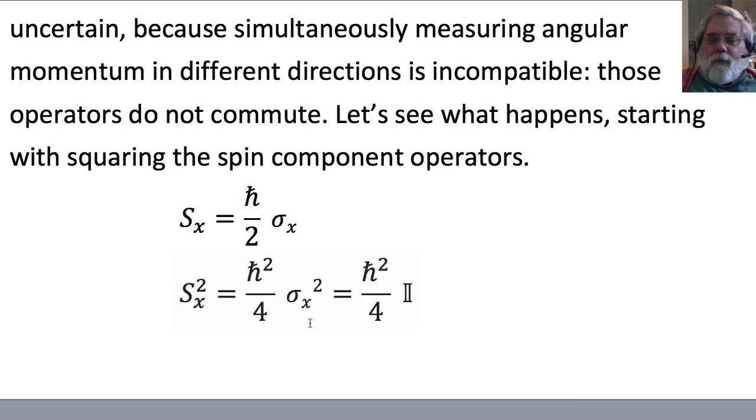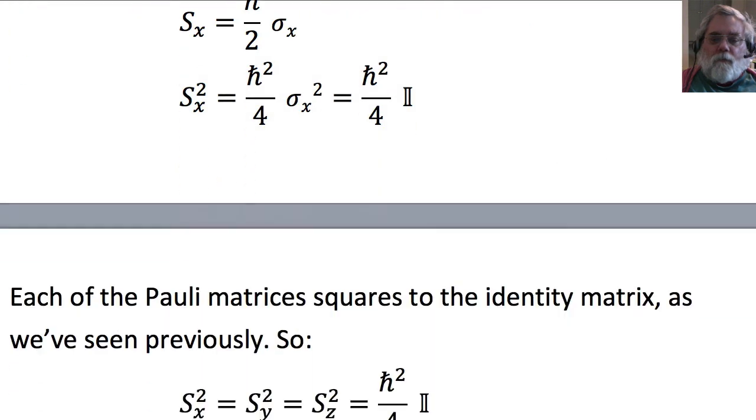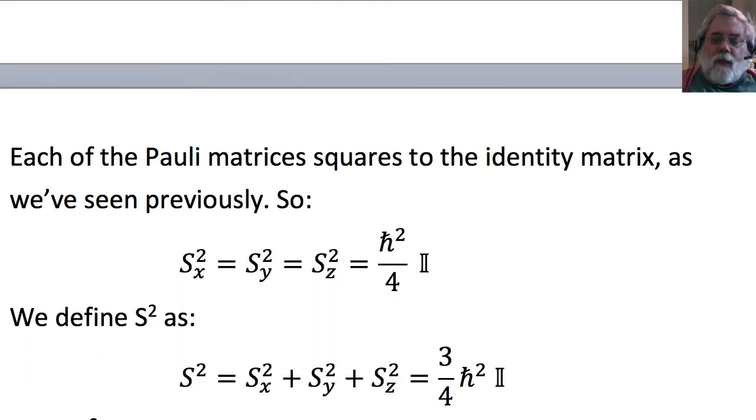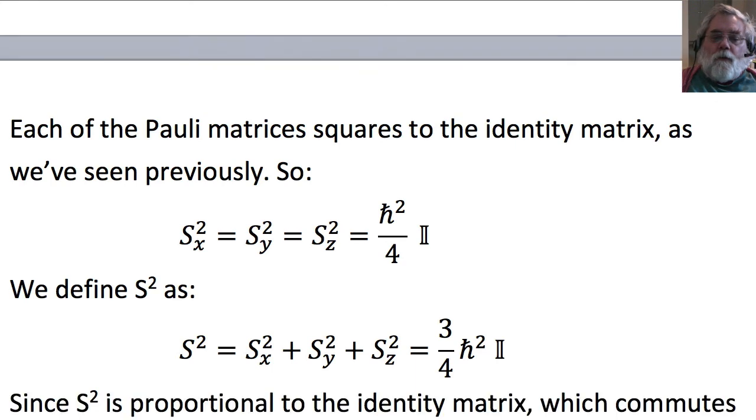But each Pauli matrix, when we square it, gives the identity matrix, as we've seen in the last lecture, D2. So Sx squared equals Sy squared equals Sz squared equals h bar squared over 4 times the identity matrix.